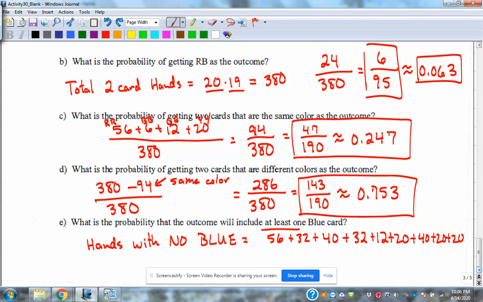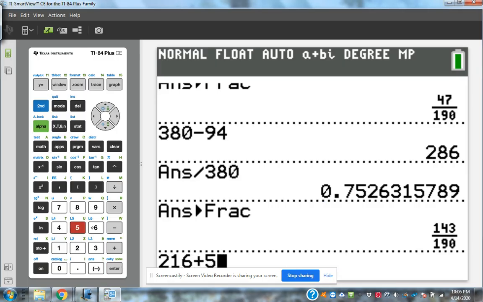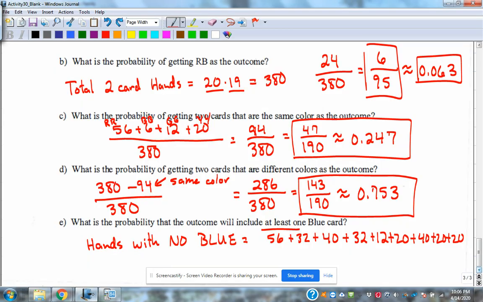All right, so let's add those up. So yeah, I've got 40, 20, 20. That's 80. And another 20 is 100. 140. 172. 184. 186 plus 30. 216. And 216 plus 56. 272 hands that have no blue.